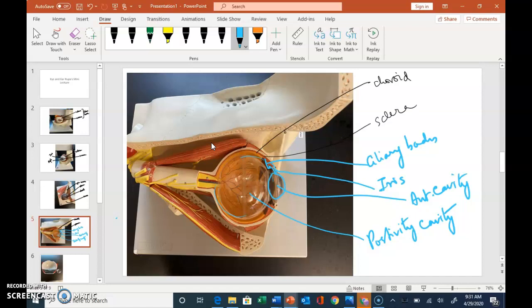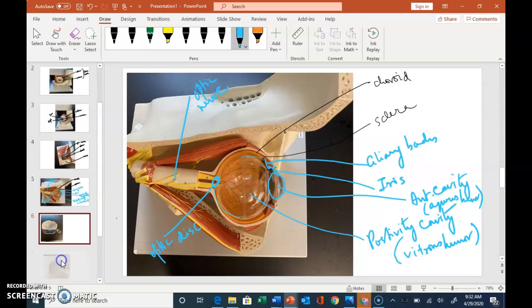I want you to remember that the posterior cavity is filled with vitreous humor, and the anterior cavity is filled with aqueous humor. We also see the optic nerve here. Okay, and the point where the optic nerve originates is the optic disc. I'm not 100% sure if optic disc is on your hit list. If not, just ignore optic disc, but you do need to know this for lecture anyway.